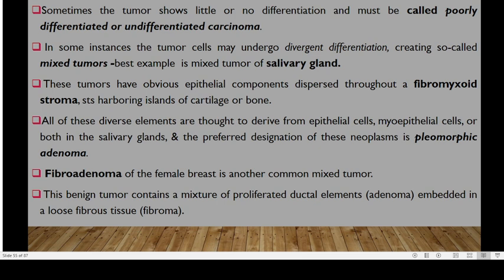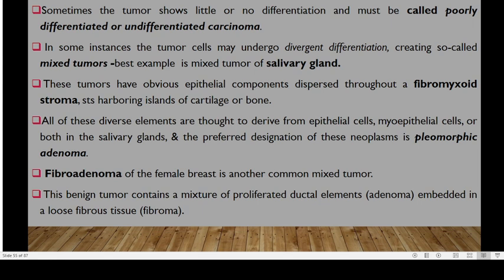Okay, so these tumors have obvious epithelial components dispersed through a fibromyxoid stroma, sometimes harboring islands of cartilage or bone. All these diverse elements are thought to derive from epithelial cells, the myoepithelial cells, or both in the salivary glands, and the preferred designation of this neoplasm is the pleomorphic adenoma.